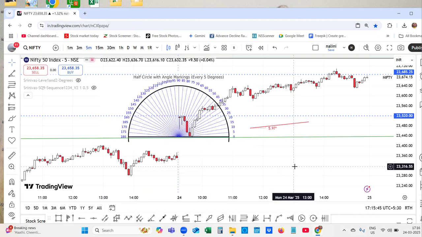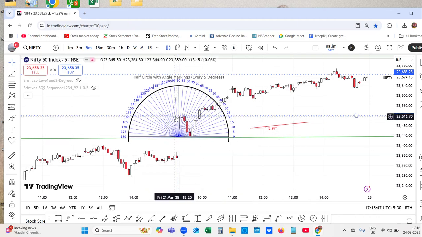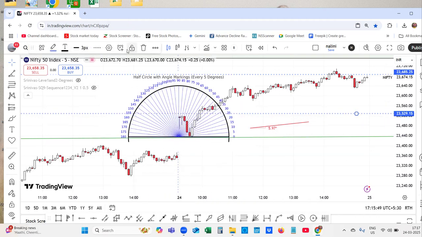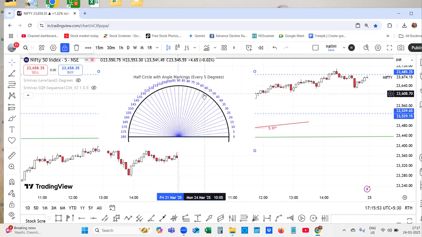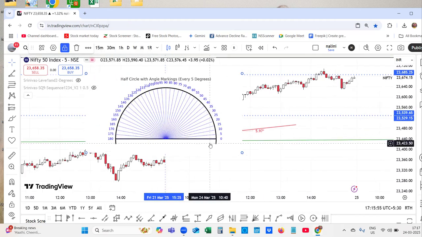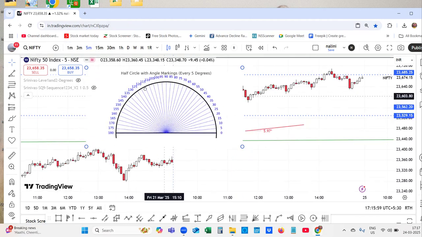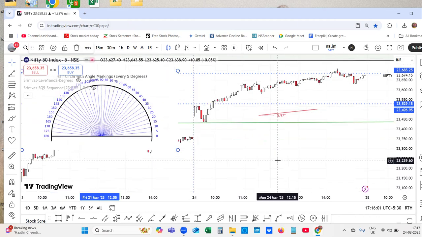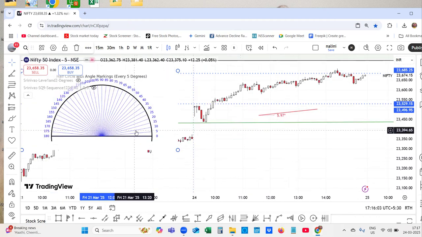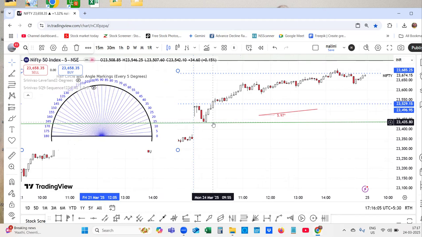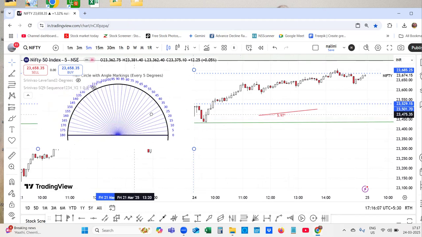When the price starts moving above that, let me take out this protractor. Move it sideways. Why is it not moving? I'll move it sideways. So you can utilize this image to check whether it is moving or not.